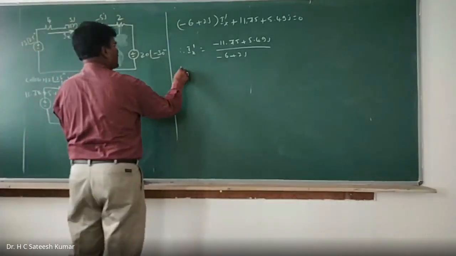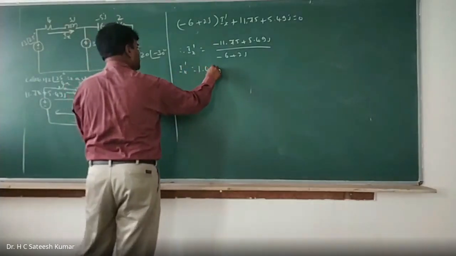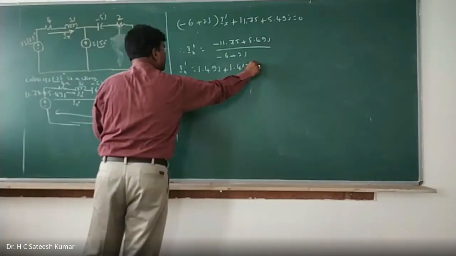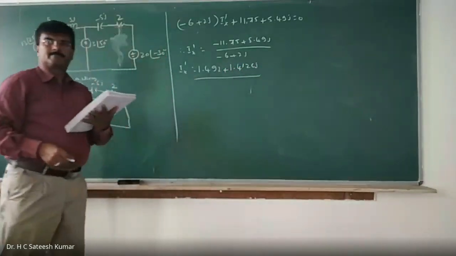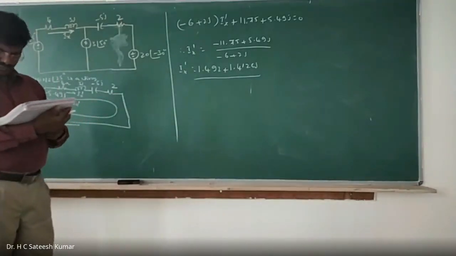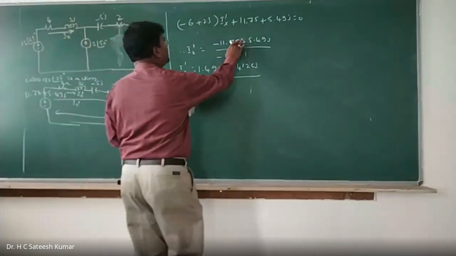So Ix dash is equal to what? 1.492 plus 1.4126j. You got this one? 11.782, 782.